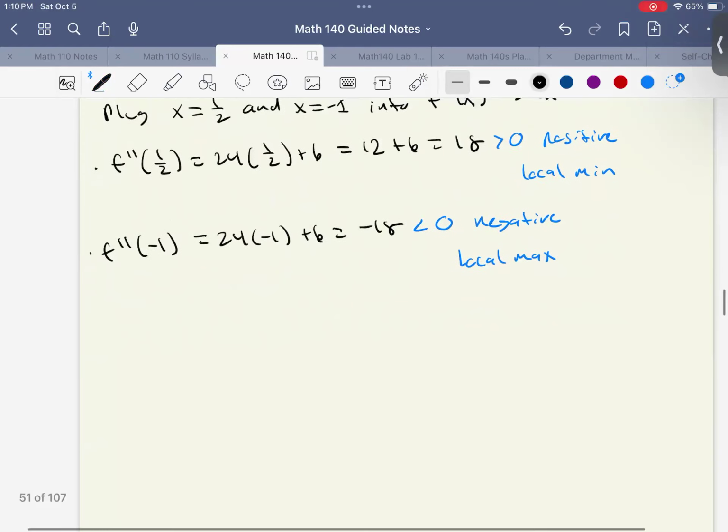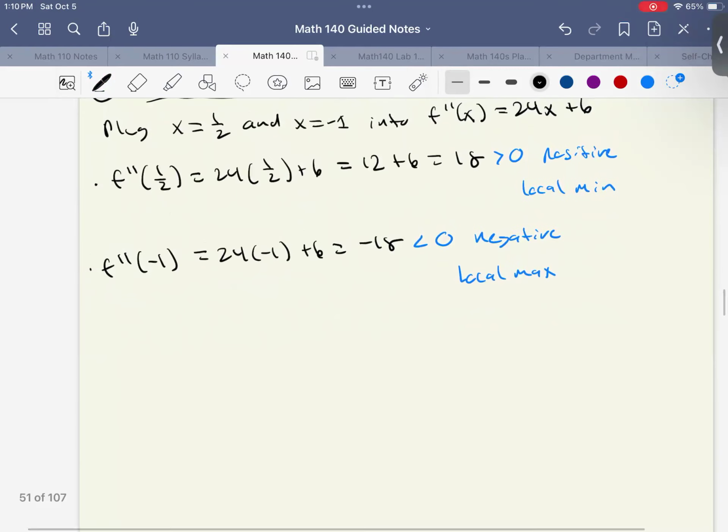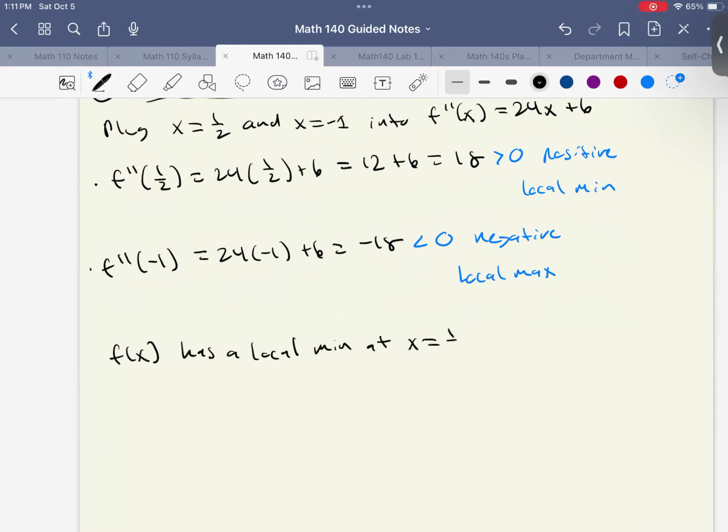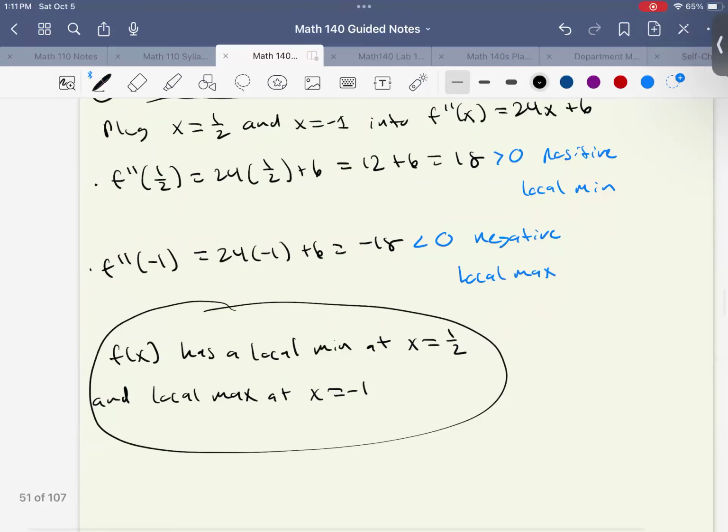What this means is the function f of x has a local min at x equals 1/2 and local max at x equals -1 using the second derivative test.